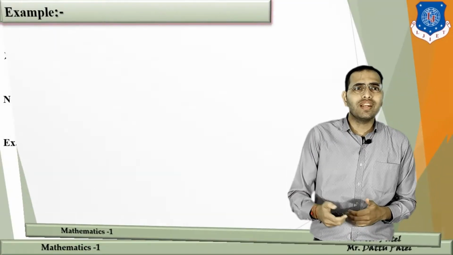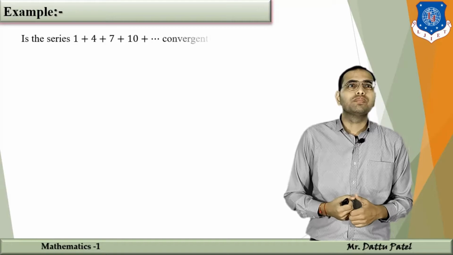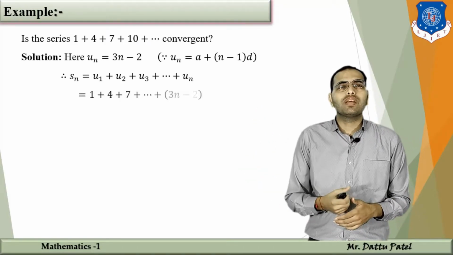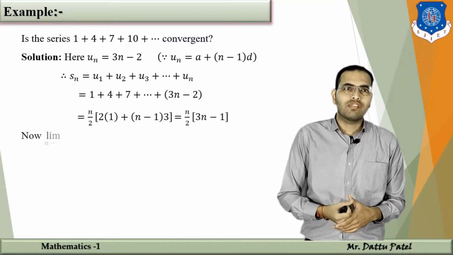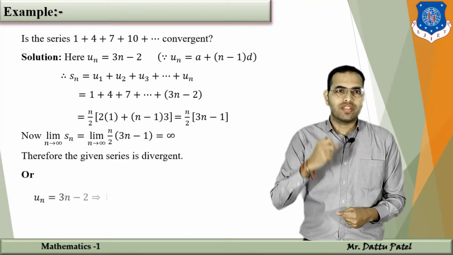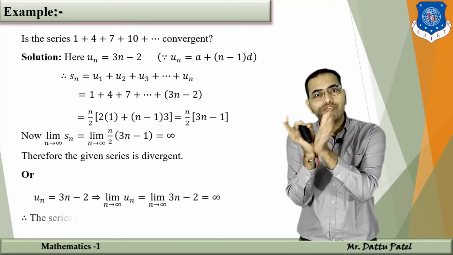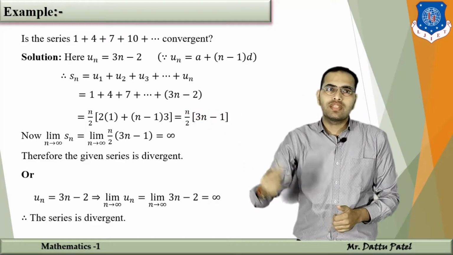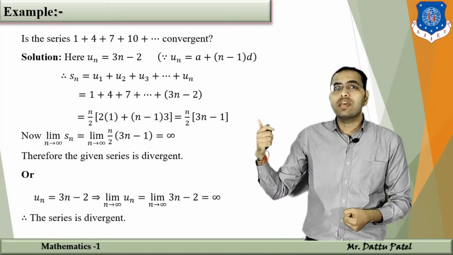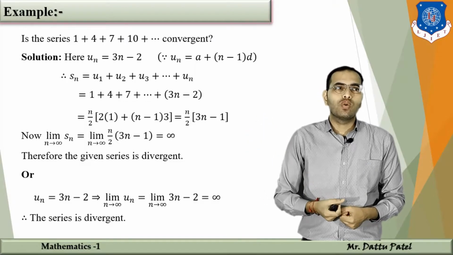Now let's see one more example. Is the series 1 plus 4 plus 7 plus 10 and so on convergent? Here our series is in the form of an arithmetic series, so we have to find the nth term of the series with the help of the formula a plus n minus 1 into d.